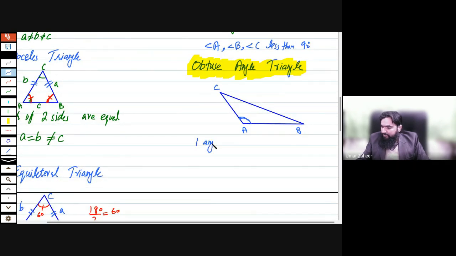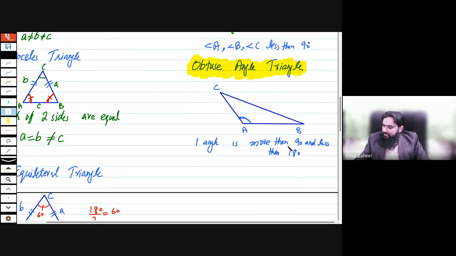One angle is obviously obtuse, because two angles can't be obtuse; then their sum would be more than 180. So one angle is more than 90 and less than 180.